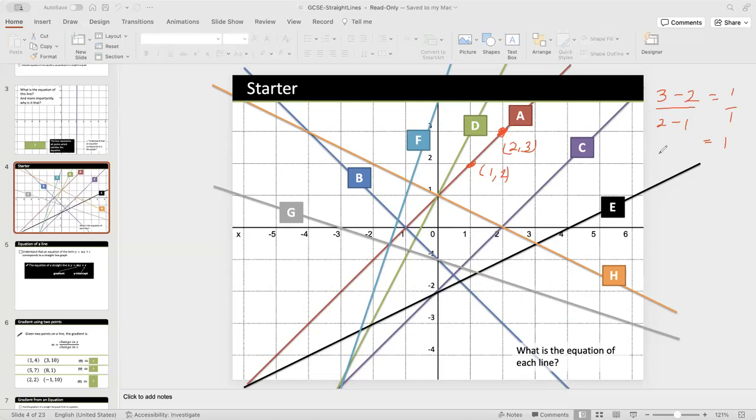That gives you 1. So you can have a go and try to do the gradient for C, which I think is also going to be 1.